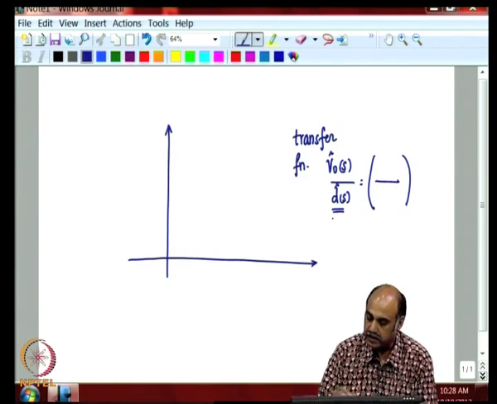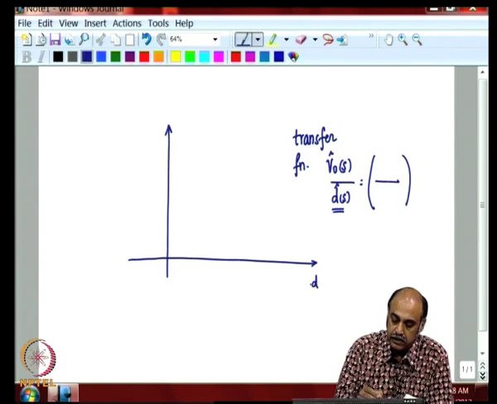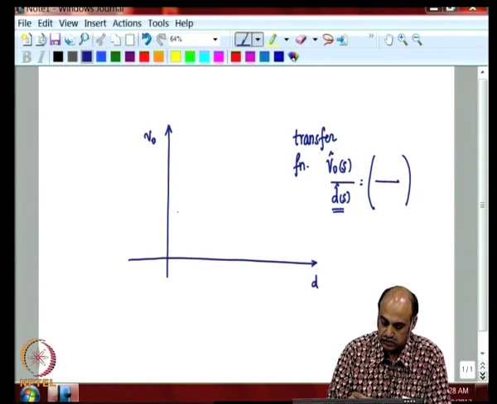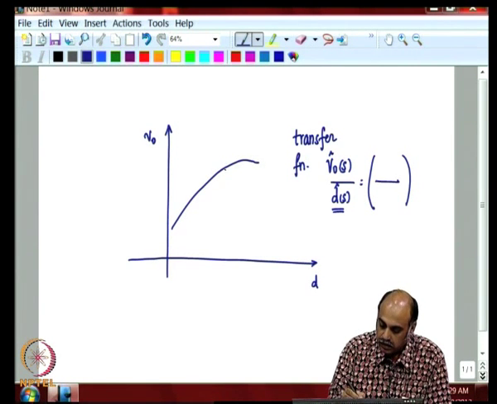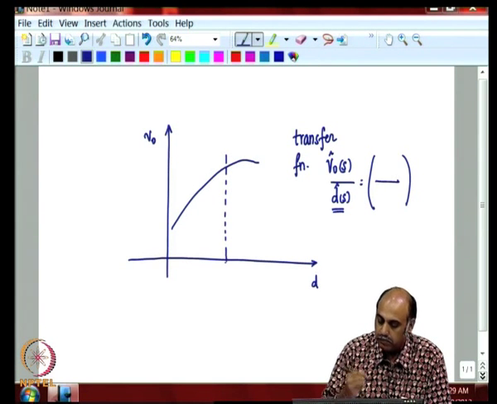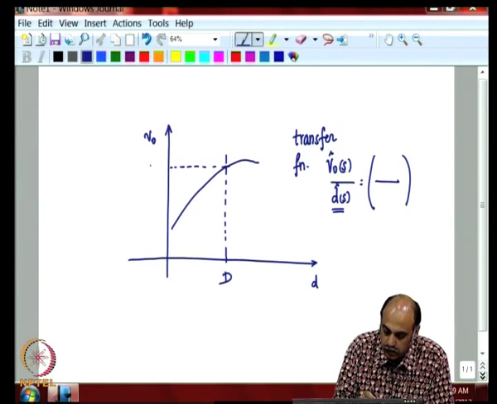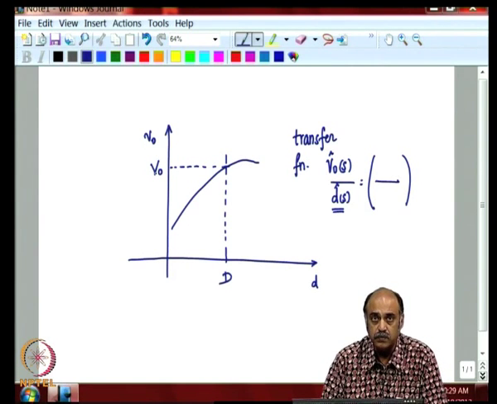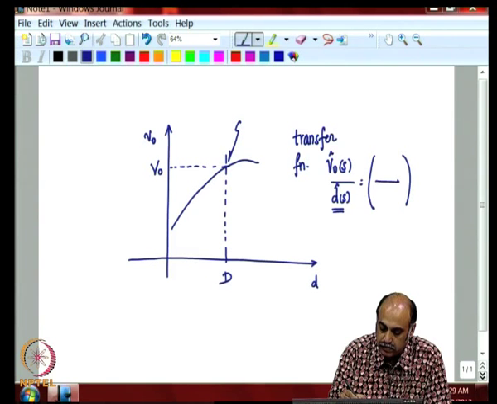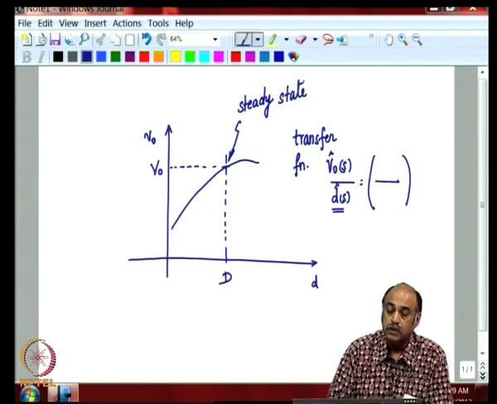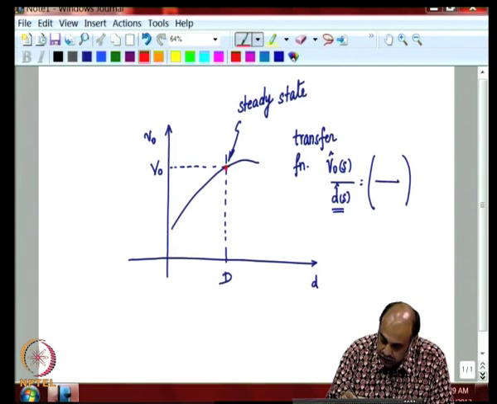Now, what the small signal variables indicate is that if you are having D versus V naught, and as D increases, let us say V naught increases, at a given operating point, uppercase D and uppercase V naught, indicating the steady state operating point. This is the steady state.